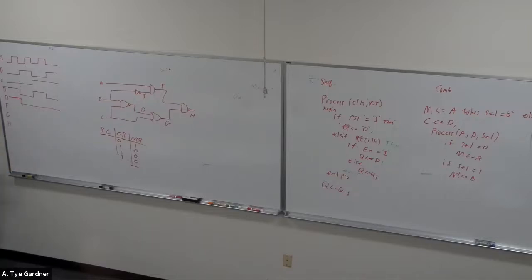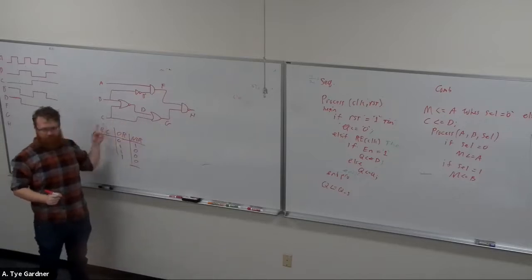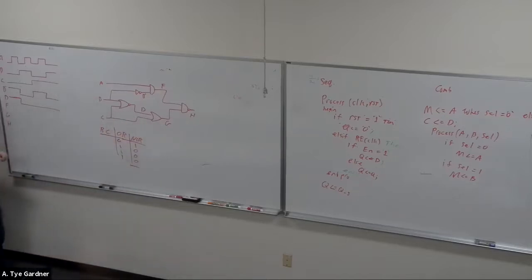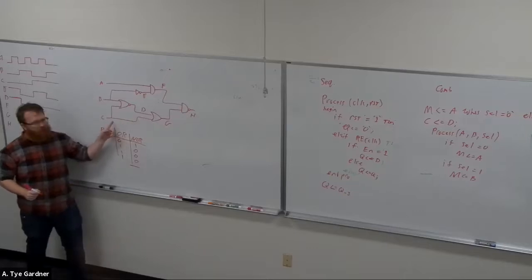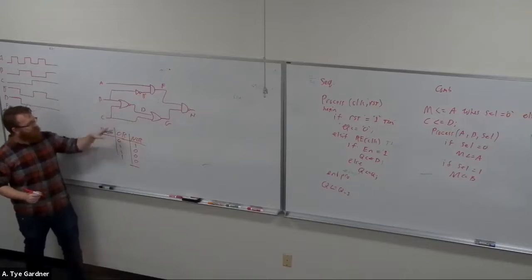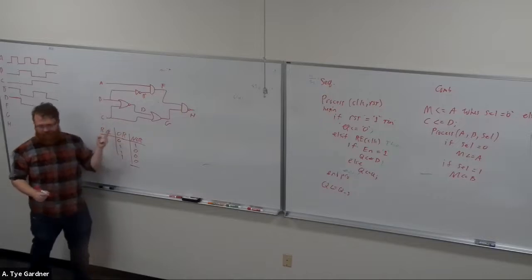And then when you get to G, now G is just OR of D or C, but make sure you do D or C, right? Don't go all the way back to B, right? Don't think of G as B NOR C or C, right?